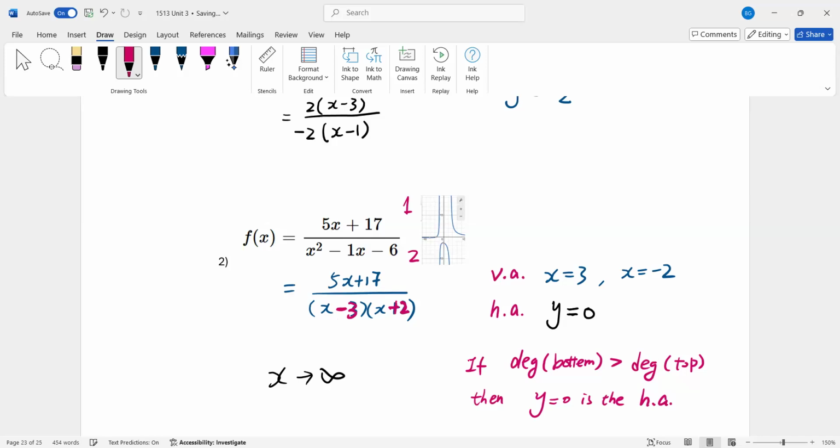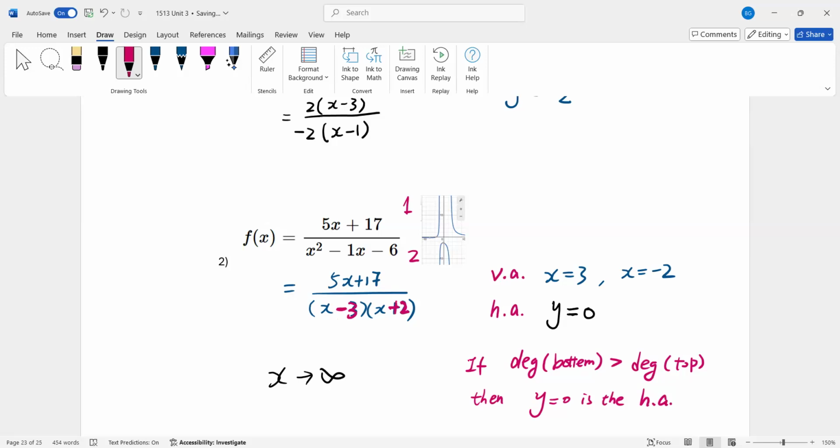The reason, as I'm trying to show you, is when x approaches infinity, the denominator runs super fast, faster than the numerator. So we can assume the numerator doesn't move and the denominator runs to infinity. That would make the quotient run to 0. I hope it makes some sense.